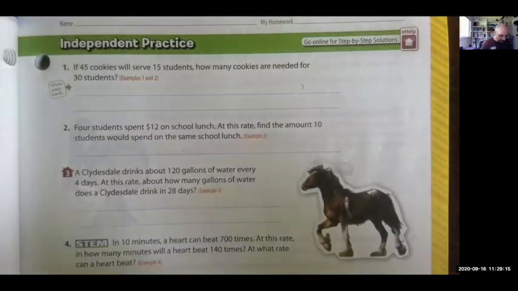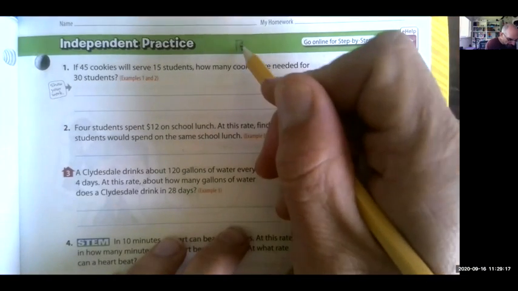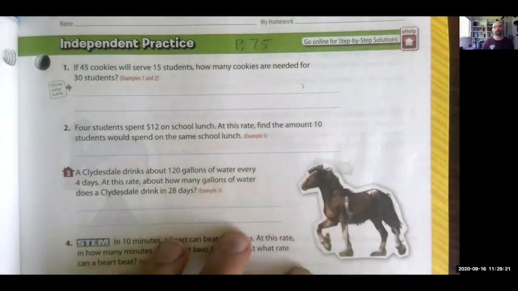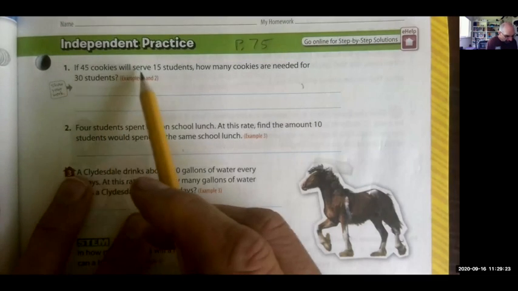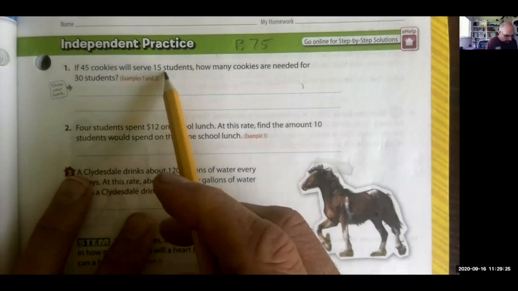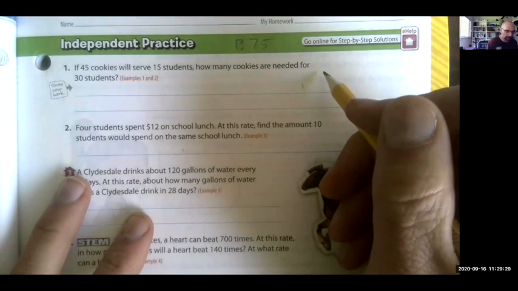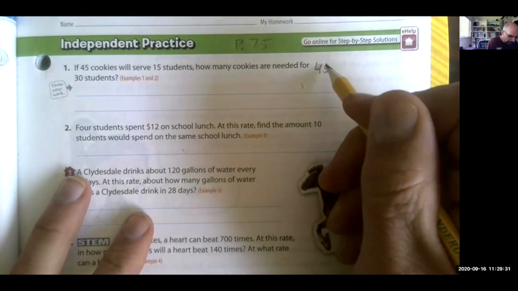Okay, so we are now on page 75. And number 1, I would like you to do this one. If 45 cookies serve 15 students, how many cookies are needed for 30 students? So I'll just help you get started on this. We have 45 cookies.